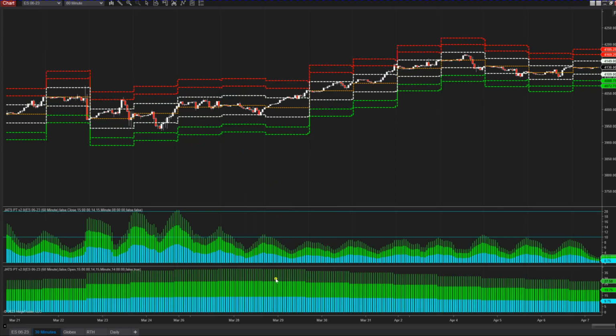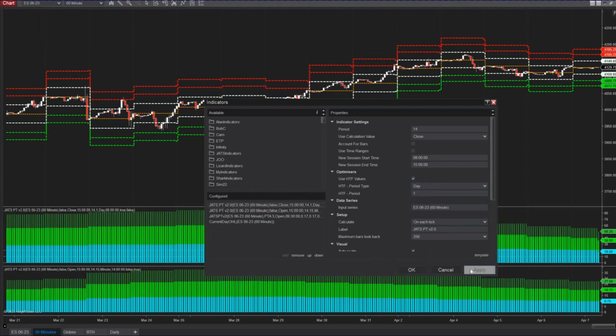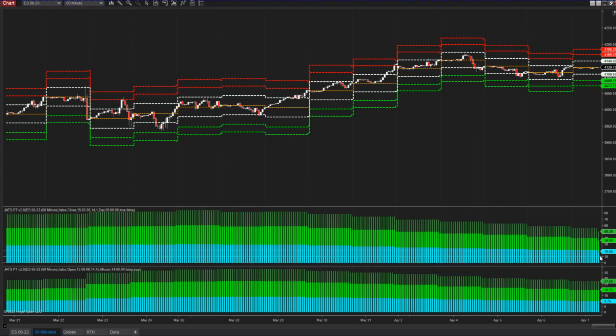The PT2 is the oscillator, and you can create your own volatility zones. You can use a minute chart. So if I wanted to see what a daily range was for one day, I could put it on daily, and you can see here now I've got a snapshot of how many points to expect for that low volatility: 18 points range on a daily, 36 for medium, 50, 25 for high, the full range rather.